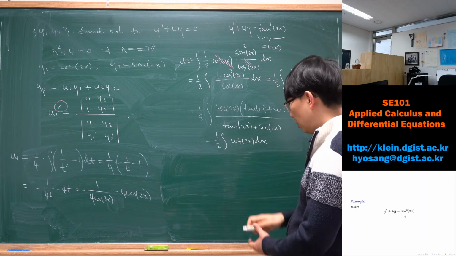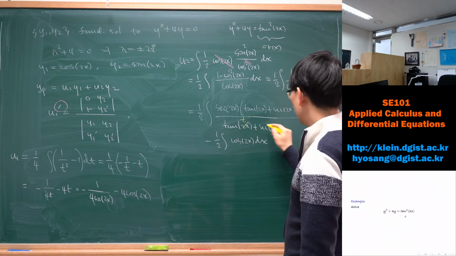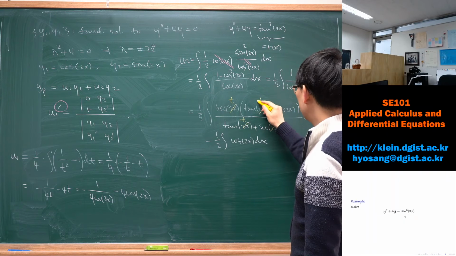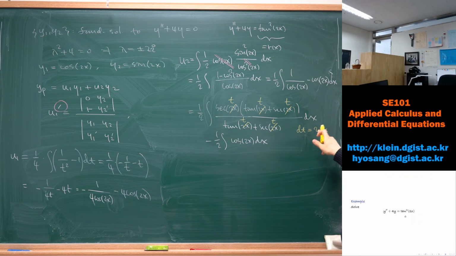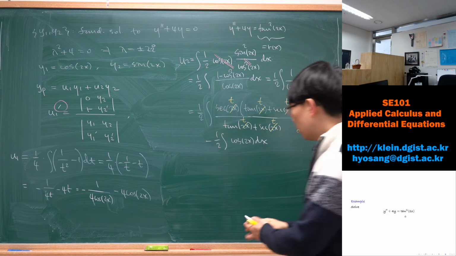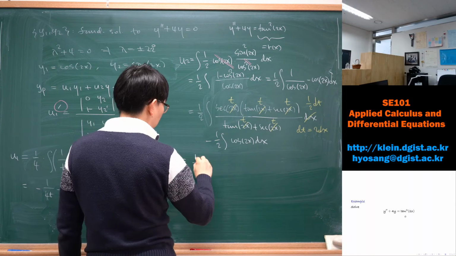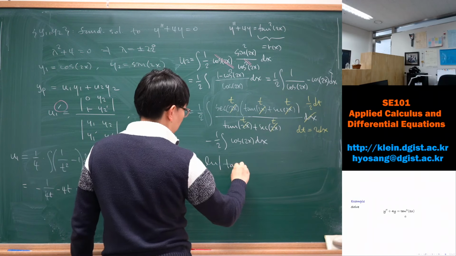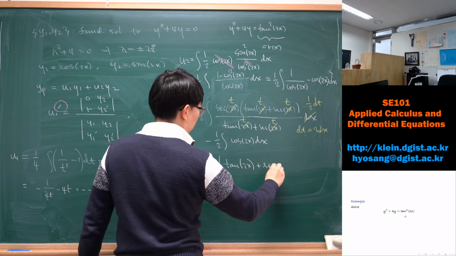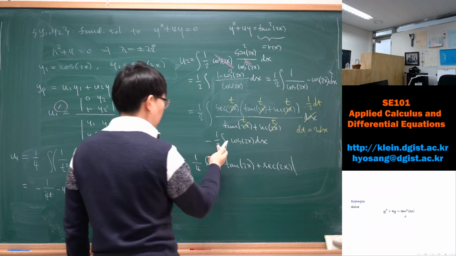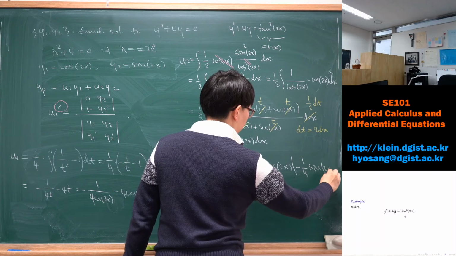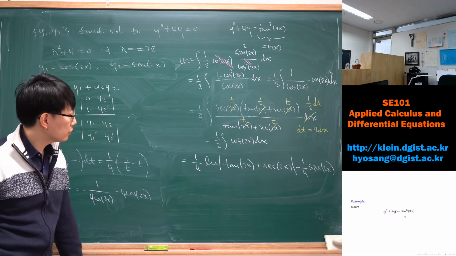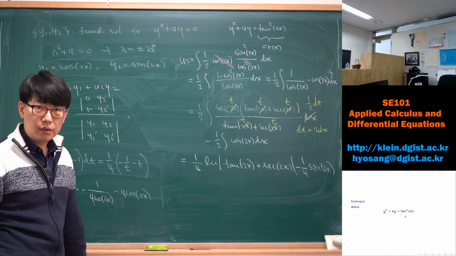I think you have to replace 2x with t, so everything goes to t. And dt is now d2x, 2dx, so dx will be 1 over 2 dt. So this is now 1 over 4 times ln of tangent 2x plus secant 2x, and minus 1 over 4 sine 2x. Right? So that's our u2.